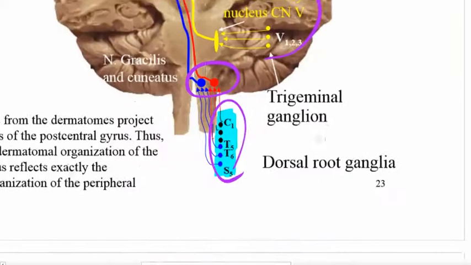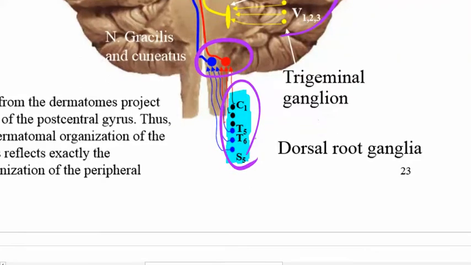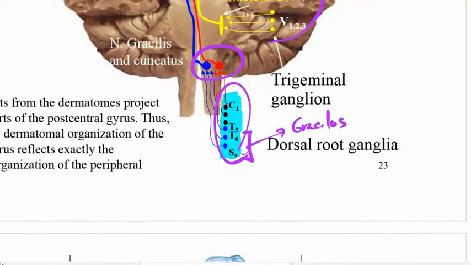All right, so when you're looking at T6 to S5, that's going to be for the gracilis. This is gathering the sensory information from the lower part of your body, and then it's going to travel up and synapse in your nucleus gracilis.